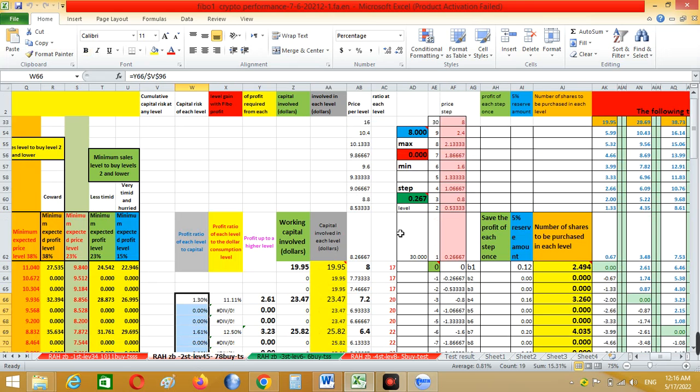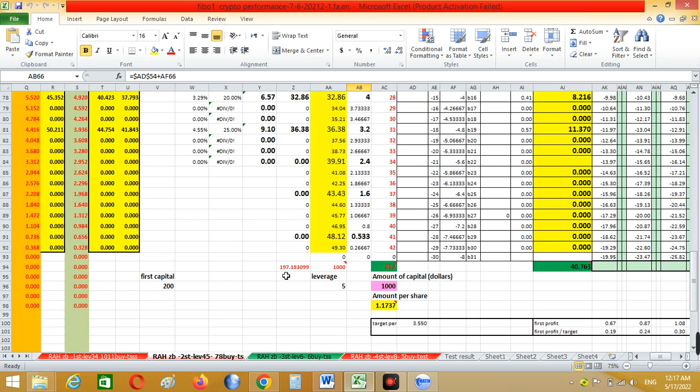In two steps, if we do the same, the price 8 is again 8, and at step 2 we don't use any amount of dollars. The next buy is 7.2. In this table we use more leverage, 5.